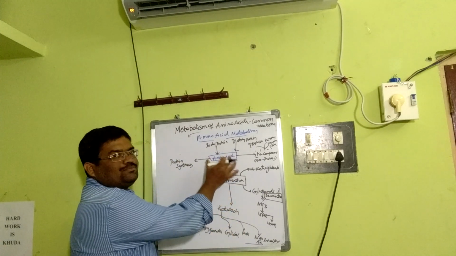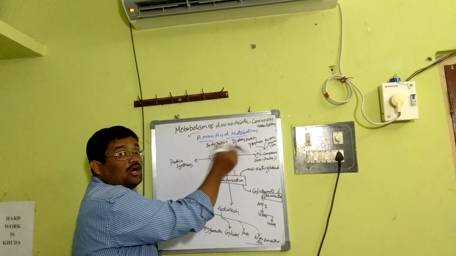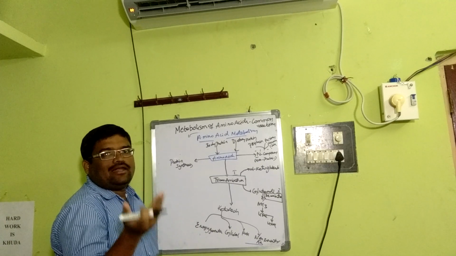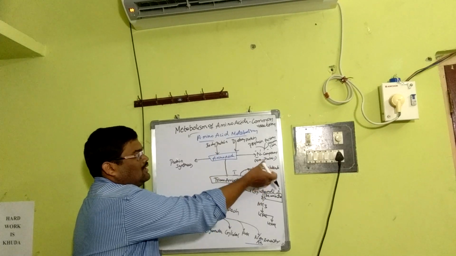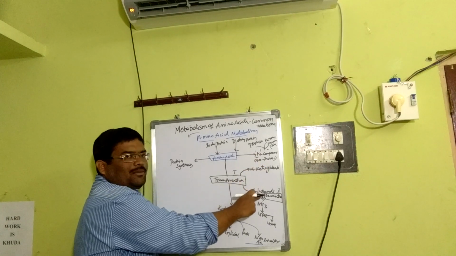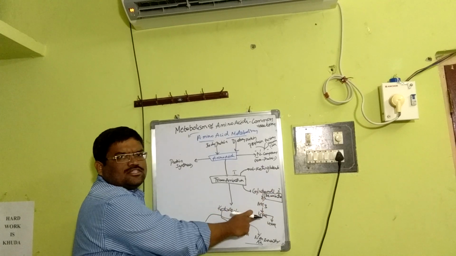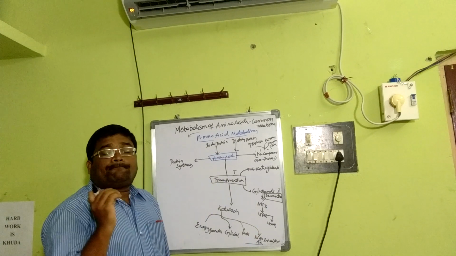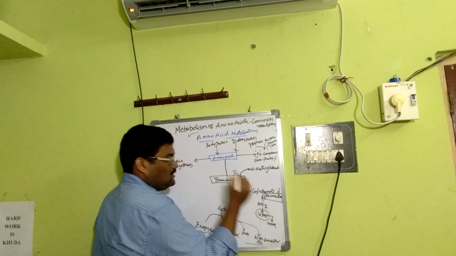The amino acid pool comes from body proteins and dietary proteins, useful for synthesis of proteins and also for important non-protein nitrogenous compounds like porphyrins, purines, pyrimidines, melanin, etc. Then transamination and deamination: alpha ketoglutarate becomes glutamate, and this glutamate is subject to deamination to get ammonia, and ammonia is utilized in the synthesis of urea, which is generated in urine and excreted. That means the end product of protein metabolism is urea.